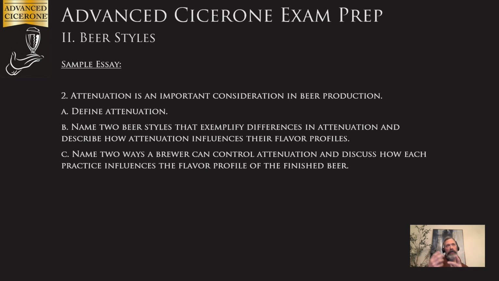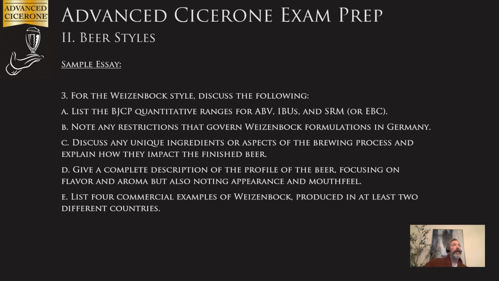So maybe you're going to contrast a beer that has high attenuation versus low, and talk about how their flavor profiles are different. But then you also have to talk about how a brewer controls attenuation, 2 different ways, and how those will influence the flavor profile. So you have to know the brewing side to be able to talk about the beer flavor side, right?